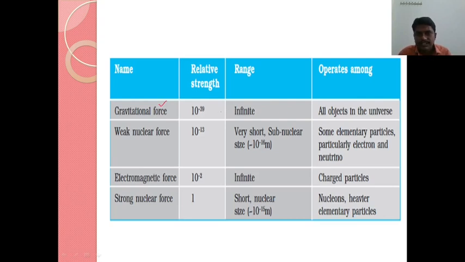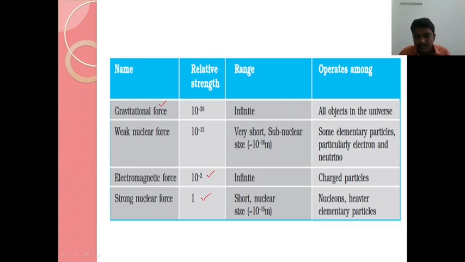Next, look at the strength of the gravitational force compared to the nuclear force. If you take the nuclear force as one unit, the electromagnetic force is 100 times less. The nuclear force is 100 times as strong as the electromagnetic force. The weak nuclear force is about 1 by 10 to the power 13 times that of the nuclear force.